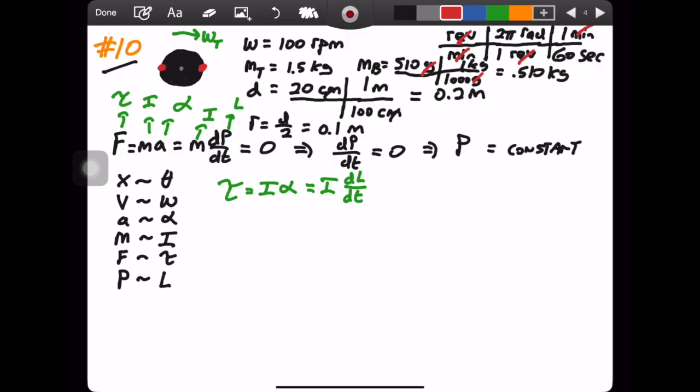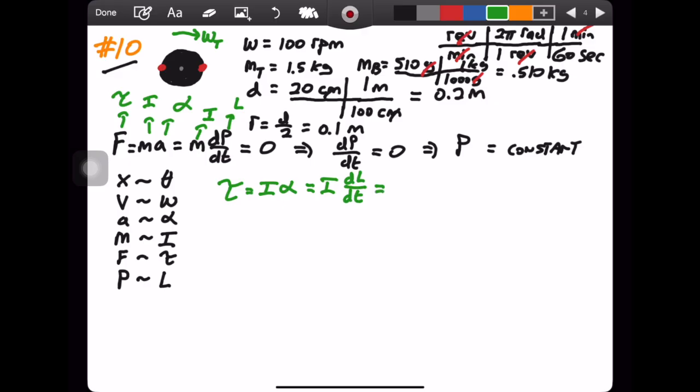So this is to say that the same way I showed that if force is equal to the time rate of change in momentum, and if that equals zero, the momentum is constant, well, I can show you that torque, which I have here in green, is equal to the moment of inertia times the time rate of change of angular momentum.